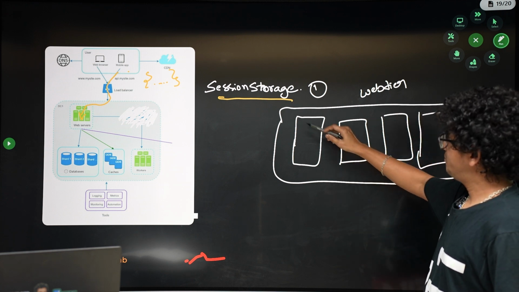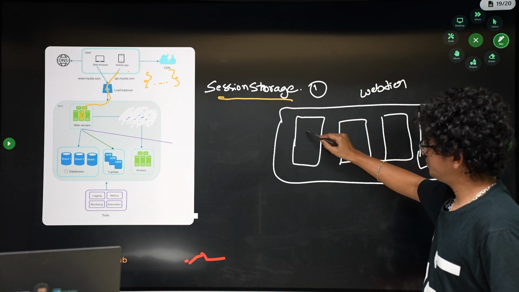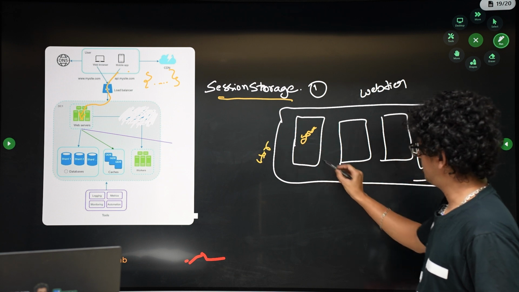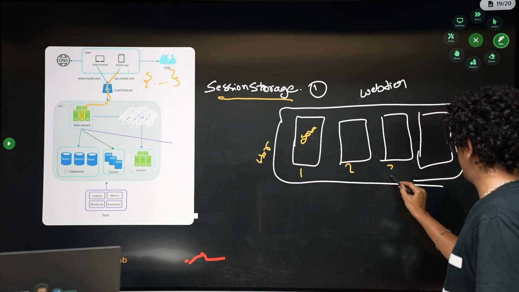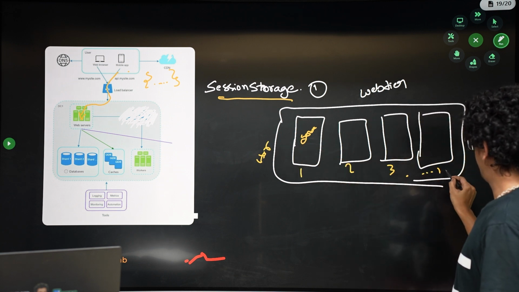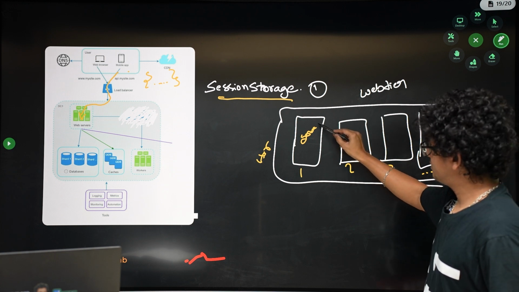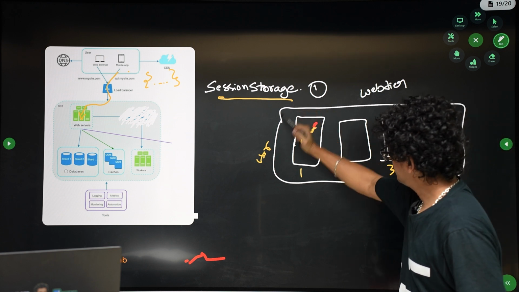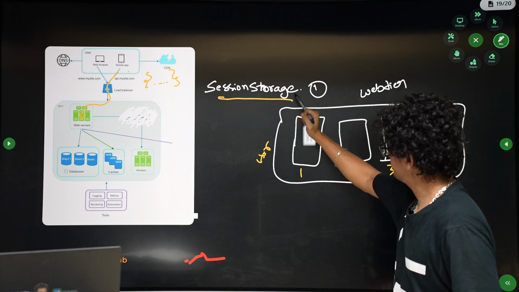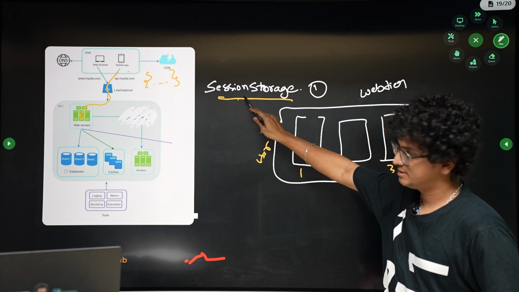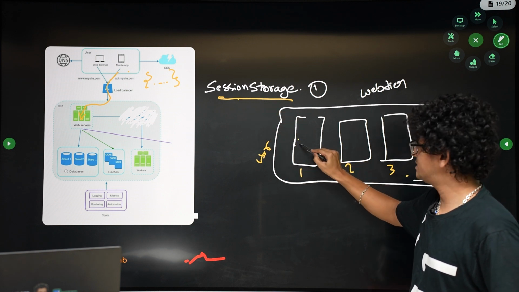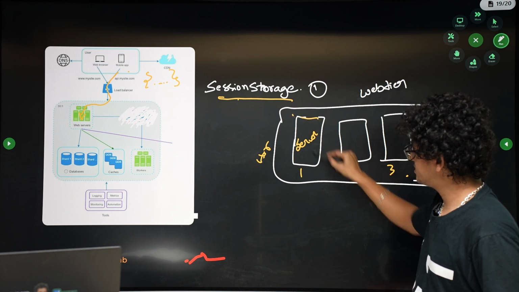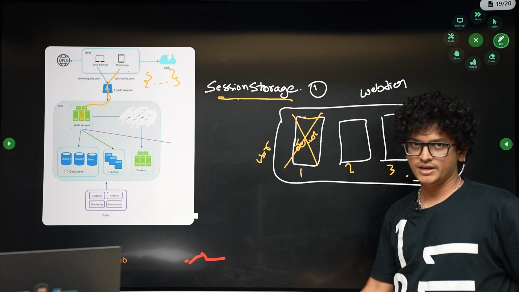So if we keep these sessions stored in a server, with horizontal scaling across server 1, 2, 3, and we keep the session storage in a single server, what happens is, if this server shuts down, the session will get closed.